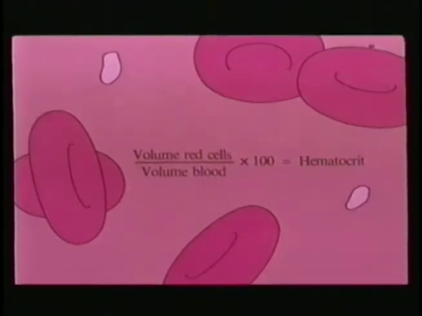The red blood cells normally occupy approximately 40 to 45% of the volume of blood. That is, the hematocrit is 40 to 45%. The white blood cells and platelets account for less than 1%. The hematocrit may vary with the physiological state, and it may change significantly in pathological conditions.